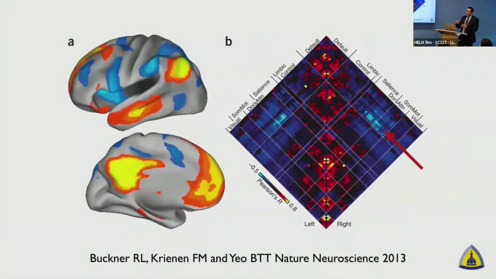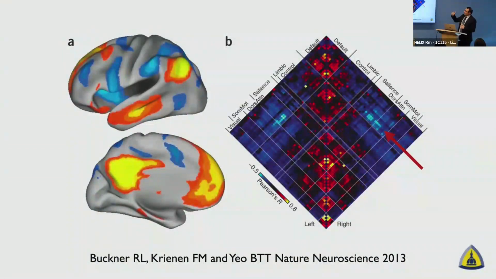And there is this concept of anti-correlations, meaning some networks are active and correlated within themselves, like the yellow-orange areas here, which is the default mode network. And then there are some brain networks that are working the opposite of that network, depending, again, on how you process the data. So in this case, the attention and motor system here is working opposite to the default mode network, meaning when the default mode network is very active, the attention and motor systems are not very active.